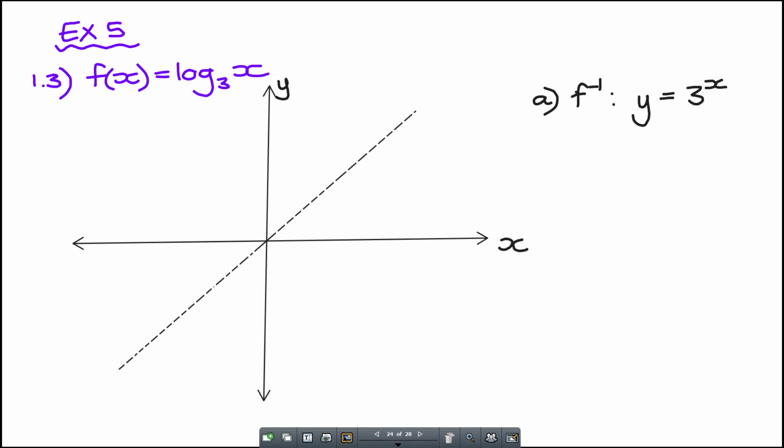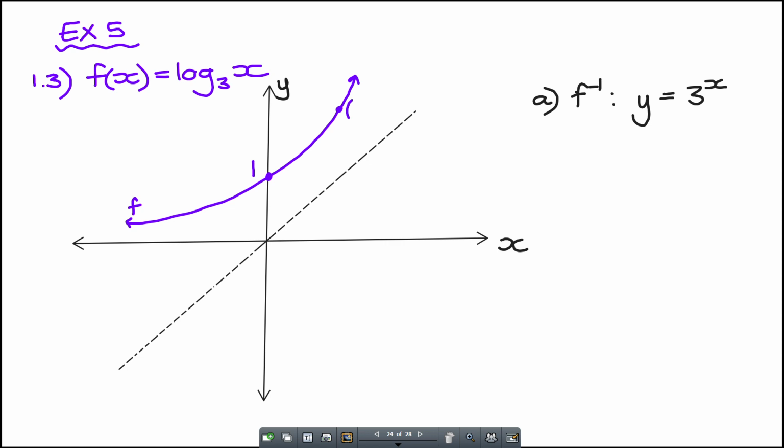Vra hulle vir my, teken die grafiek van die inverse en van f op dieselfde asstelsel, dui 2 punte op die kromme van die inverse aan. Okay, right, so that's f. And it cuts at 1. Dis mos maar altyd.